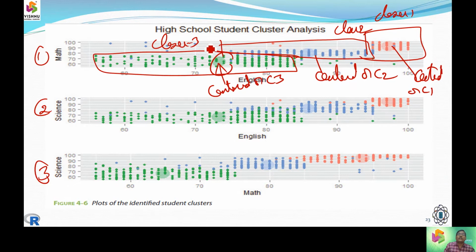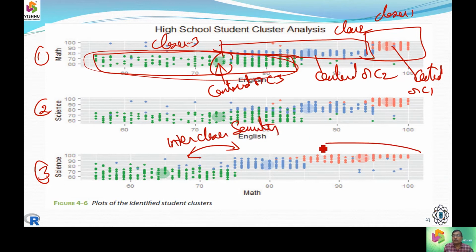Now the distance within the objects we call the similarity. It is very near to the centroid. So if this is compared between clusters, then we call it intercluster similarity.